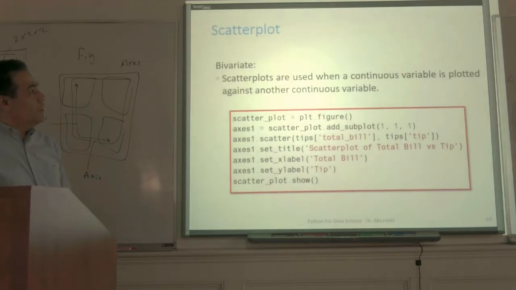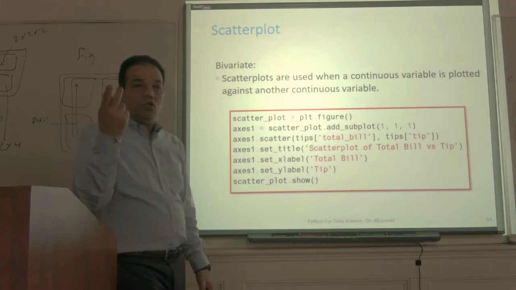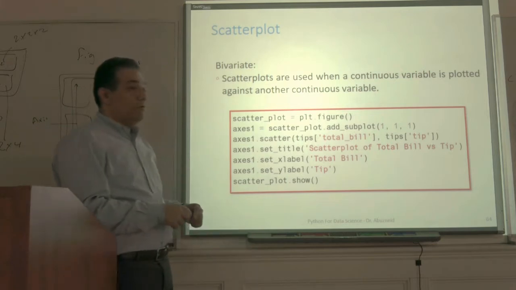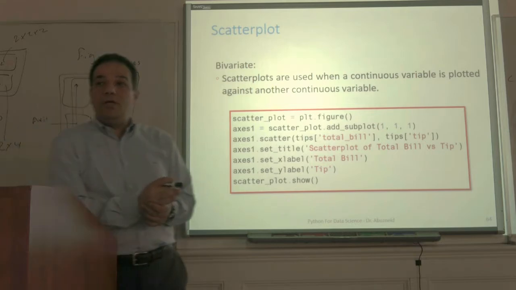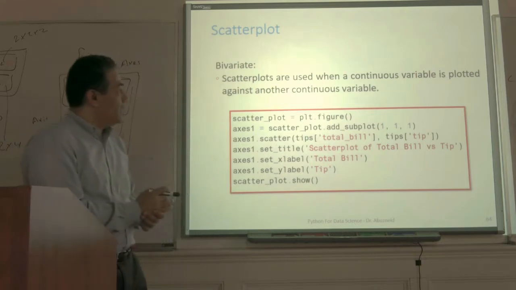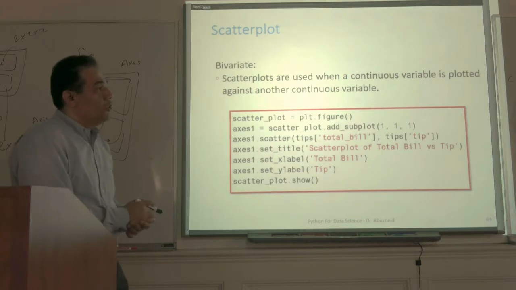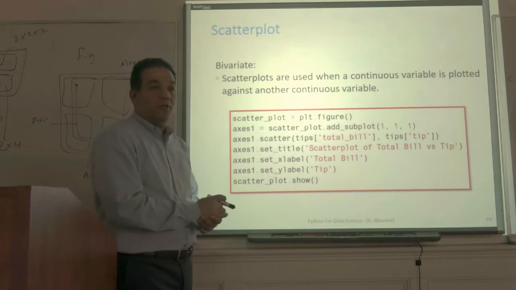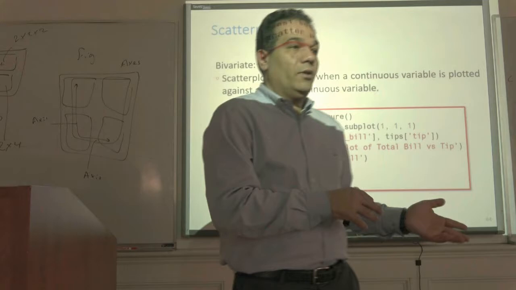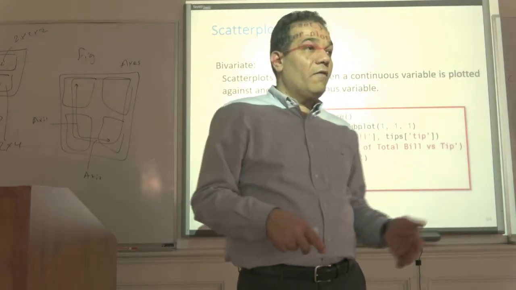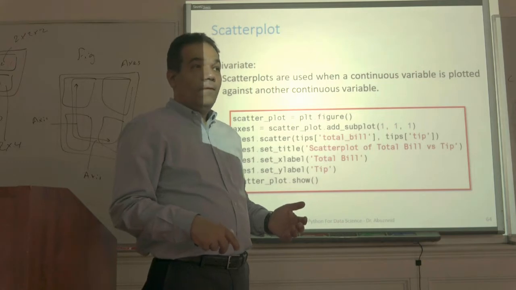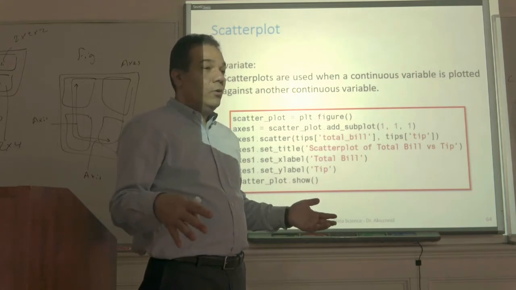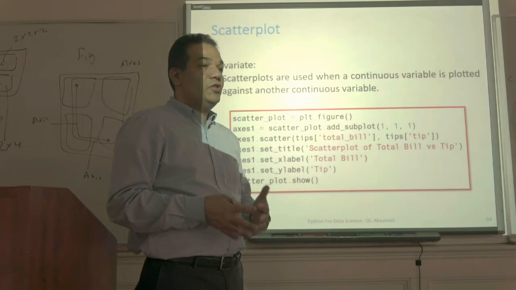So bivariate, bi means 2, right? One of the common drawings after the histogram is the scatter plot. Scatter plots are used when continuous values are plotted, like x and y in our example. What does continuous mean? It could be any value. What does discrete mean? A specific value.